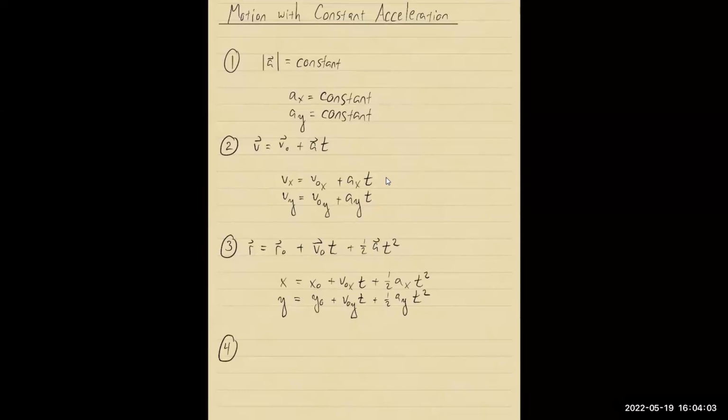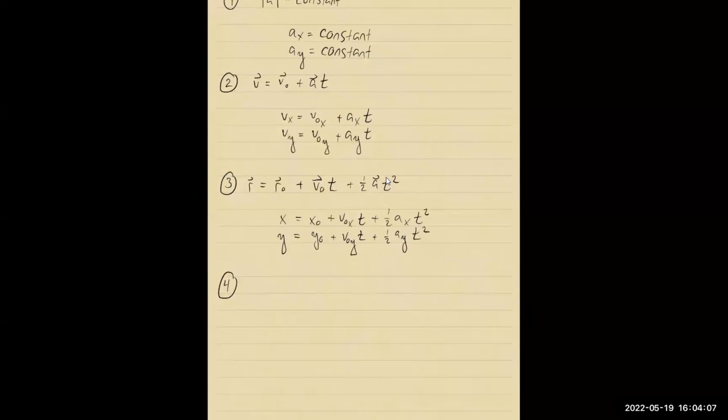And for our fourth and final constant acceleration equation, I'm just going to write this one down in component form. We have that our final velocity in the x direction squared minus our initial velocity in the x direction squared is equal to 2 times our acceleration in the x direction times the magnitude of the displacement in the x direction.